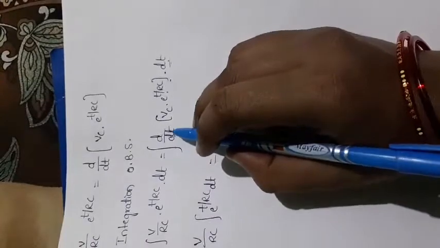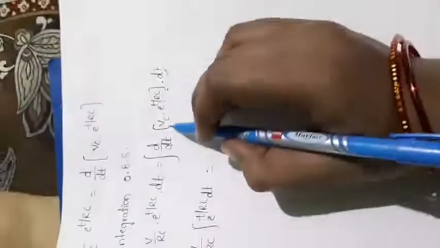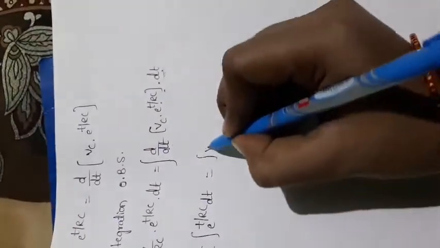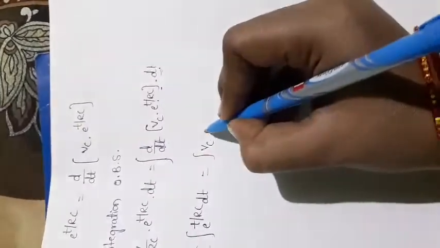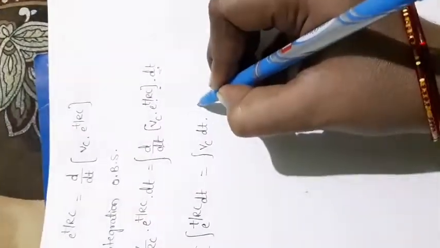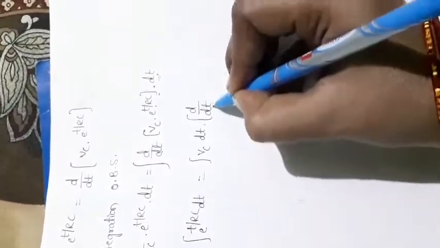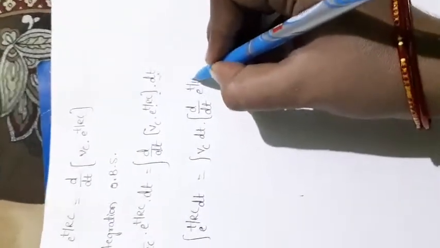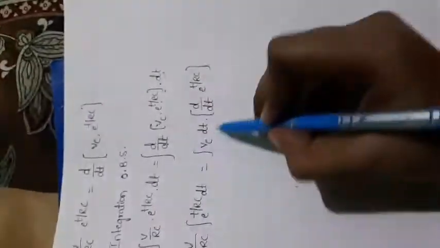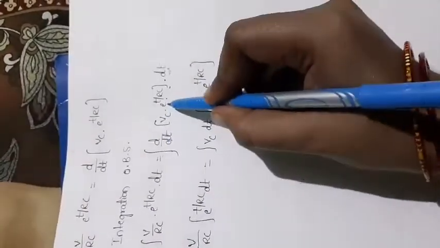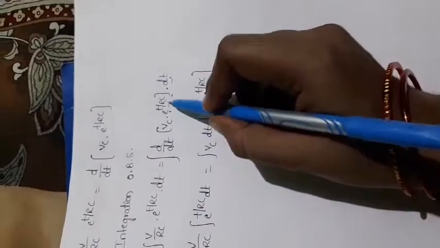So first of all we need to find the differentiation, then we'll go for the integration. The integral of Vc dt I can write here, and now apply the differentiation for this e power term. The differentiation is applicable only for this t term.